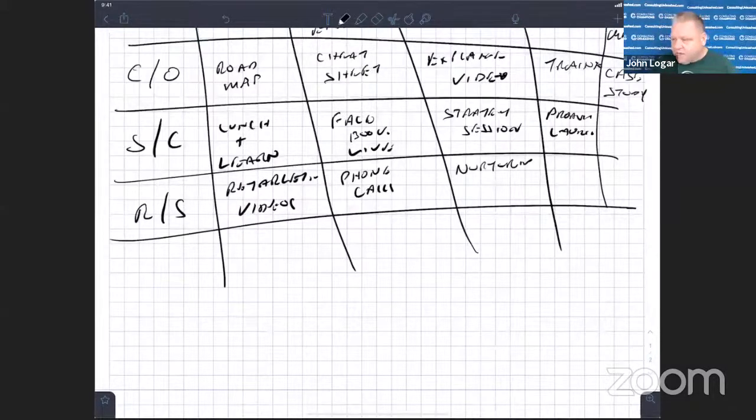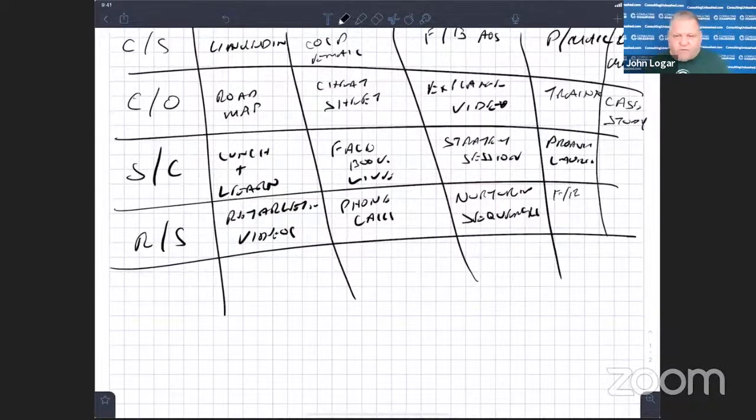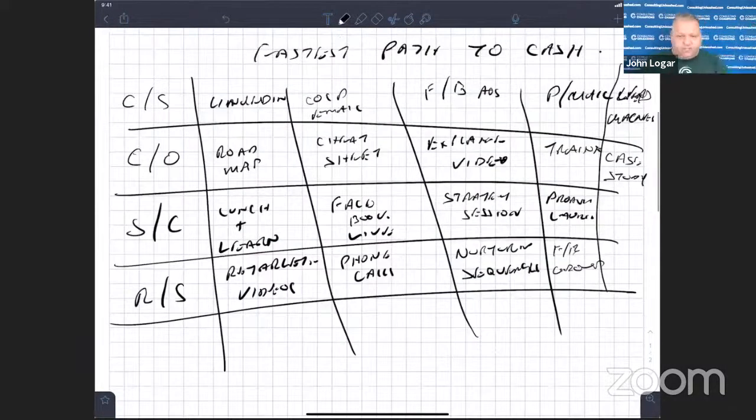It could be join my Facebook group. So these are our nurturing. Because there are so many things that we could be doing, and some of us are doing all these things, I'm going to do a little bit of coloring in here.